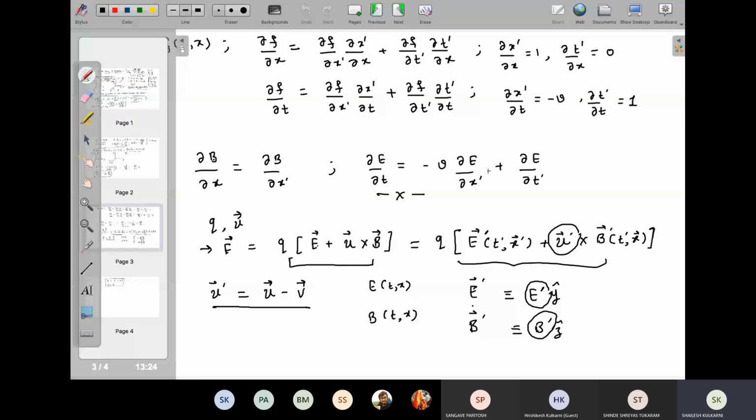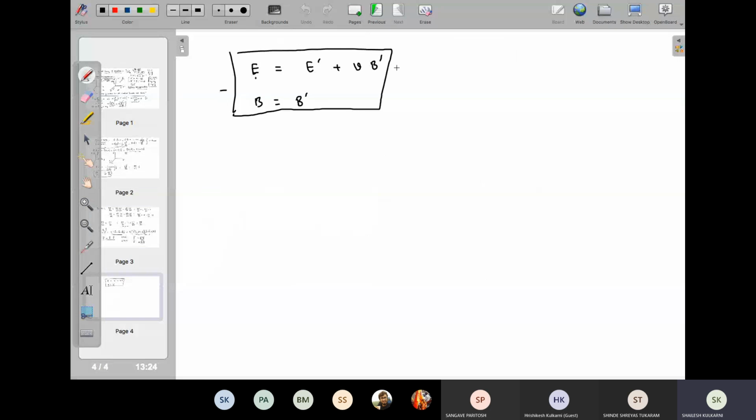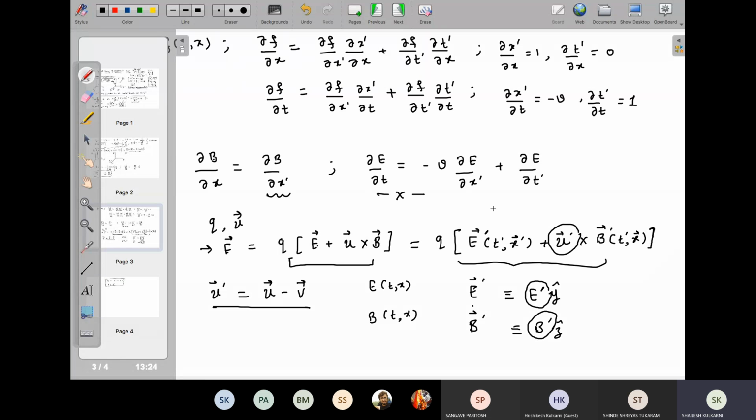Here you need to replace this E, but see, you want to write everything in terms of prime quantities. We managed to write the partial derivatives in terms of prime coordinates. Now we need to write E and B here in terms of prime variables, that is E prime and B prime. So use these equations here, here, and here, and see what you get.